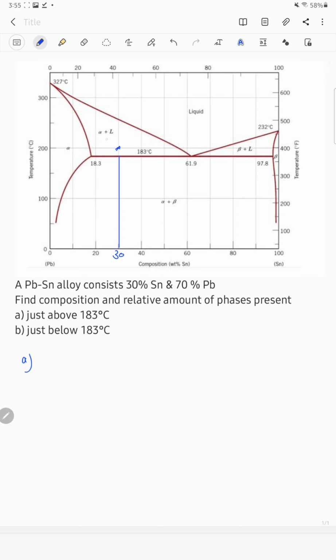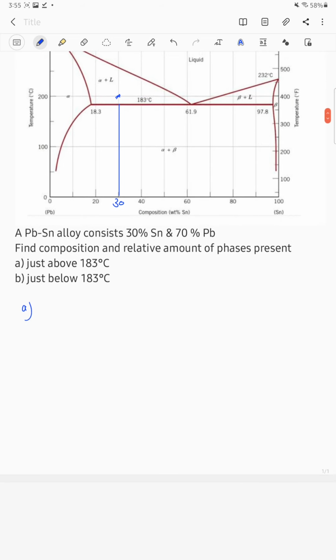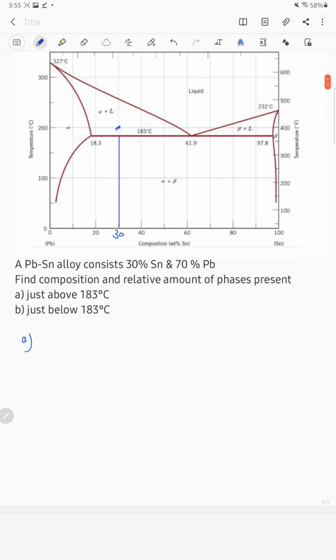So we have alpha and liquid. There are two phases, alpha plus liquid. We have to find the composition of alpha, the composition of the liquid phase, and also the relative amount, how much alpha is present and how much liquid phase is present. So we will draw a horizontal line just above this point.